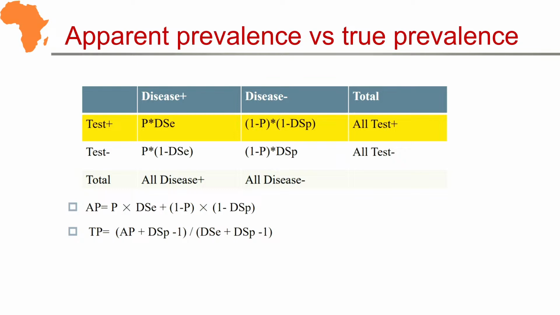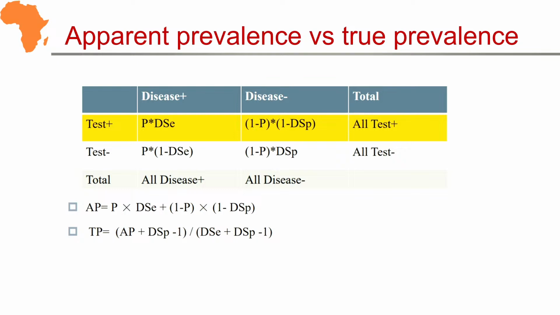Then it means the potential for calculating apparent prevalence, P times DSE, makes sense? Plus 1 minus P times 1 minus DSP. That is what? Please follow here. Apparent prevalence is what? The probability of testing positive. The probability of testing positive is what?